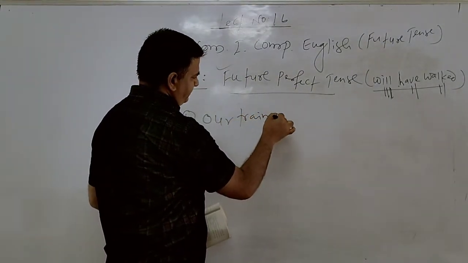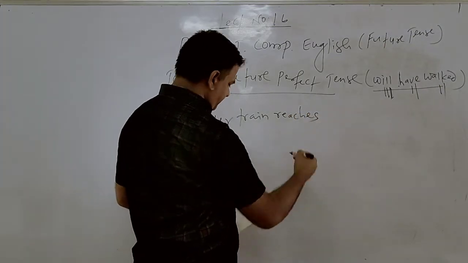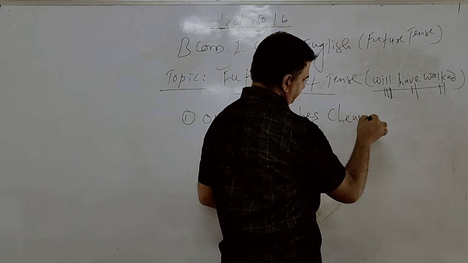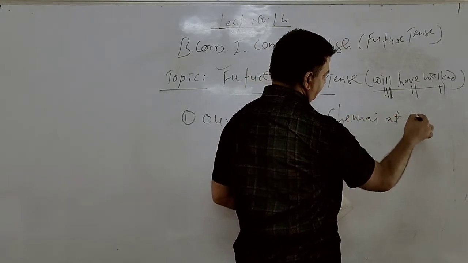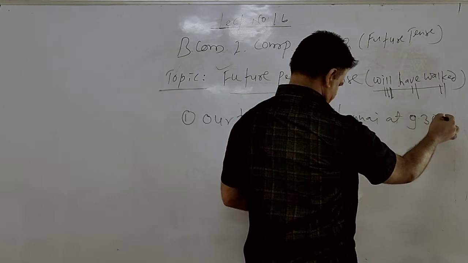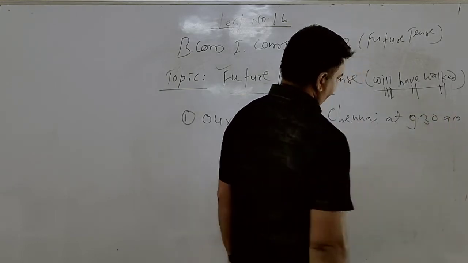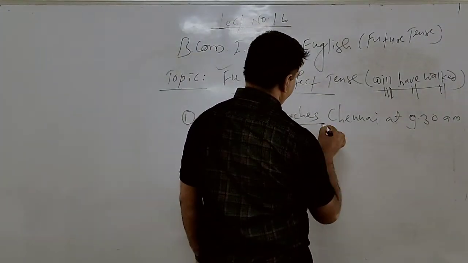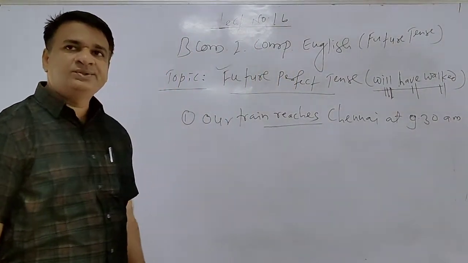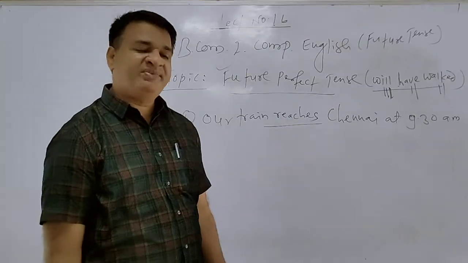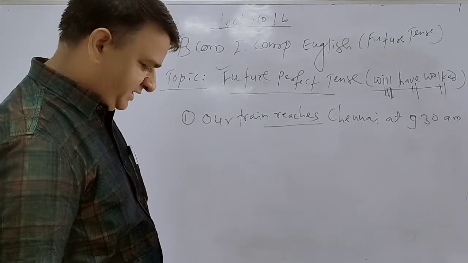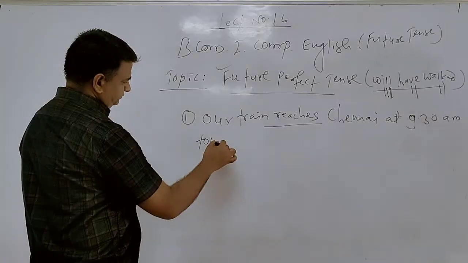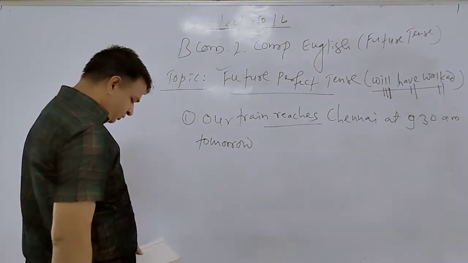Our train reaches Chennai at 9:30 a.m. in the morning. Our train reaches Chennai. Reaches, the simple present tense, is used with the future perfect. Our train reaches Chennai at 9:30 a.m. tomorrow.